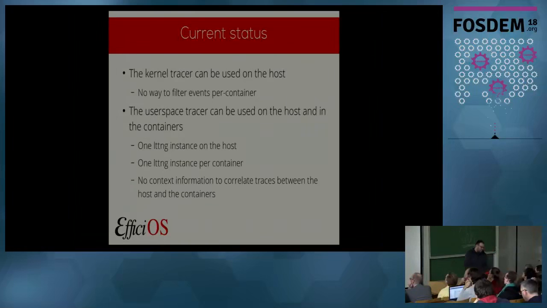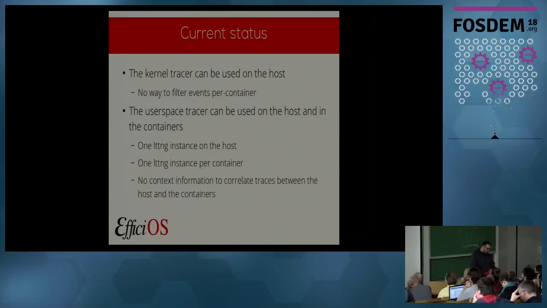So what's the current status? What can you do today with LTTng on a container host? The kernel tracer can be used on the host. It needs kernel modules to be loaded. But there's no way to filter events per container, so you get syscalls and all other kinds of events, but you cannot really easily match them to a specific container.